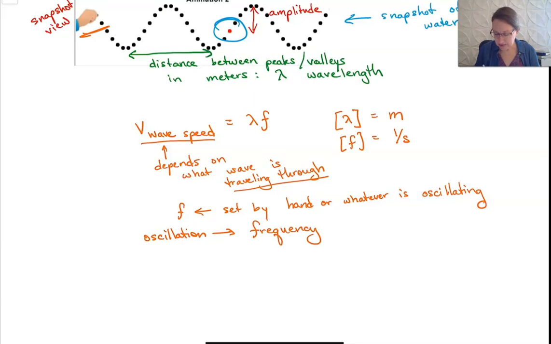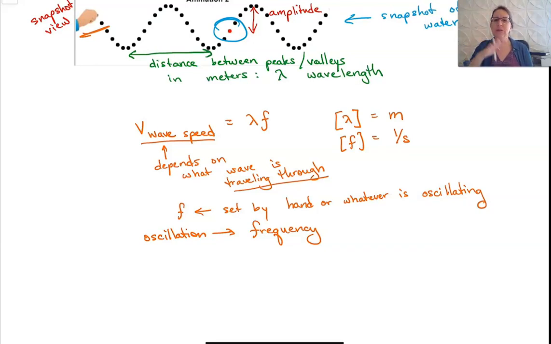And then that oscillation, the hand going up and down, the string going up and down, that then generates a wave in whatever's nearby. It's like it hits the nearest atoms and they hit their nearest neighbors, which hits their nearest neighbors, and they send the signal on along.